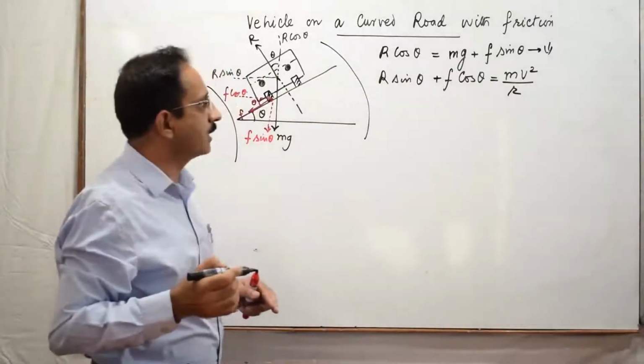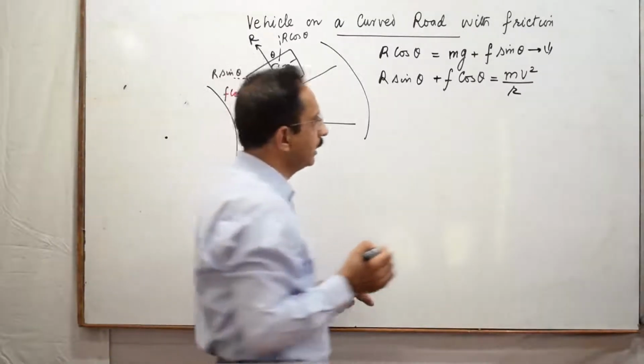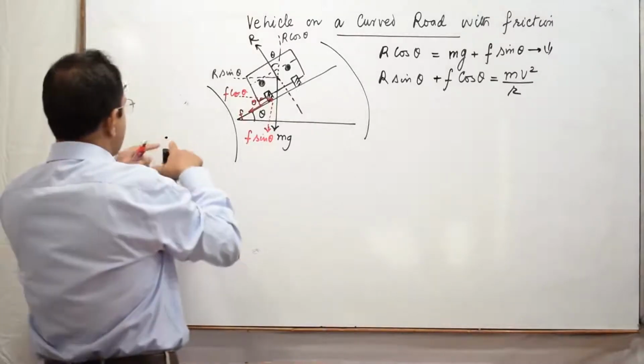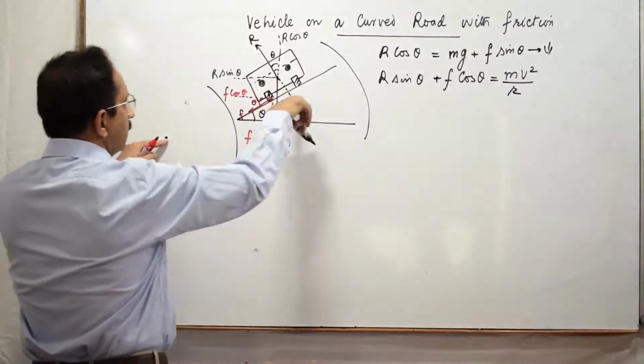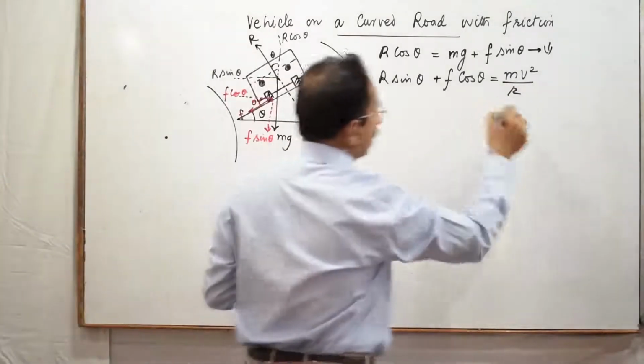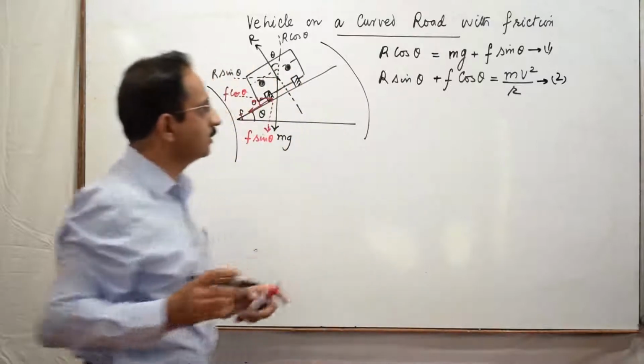If the mass of the vehicle is m, the velocity with which it is negotiating the curved road is v, and r is the radius of curvature, measured from the center of the curved track to here, this would be the centripetal force to be provided by these two.